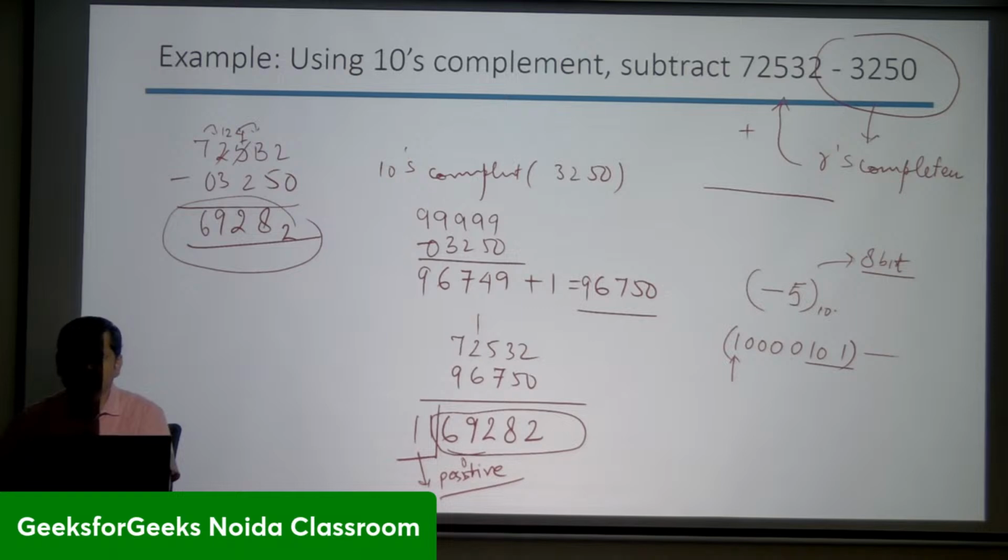Yes, 8-bit only. No, overflow we cannot apply overflow. MSB is representing the sign bit. Okay, if it is 8-bit representation, then MSB is going to be the sign bit.